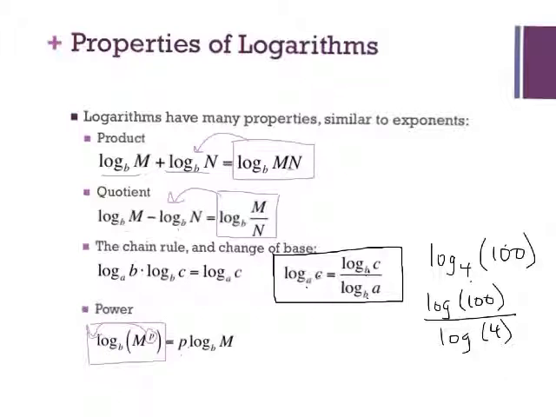And this allows us to calculate that it works out to a number somewhere between 3 and 4. Let me calculate it a moment. Log 100 over log of 4 is 3.32 something. But the primary lesson today is on those purple properties and how they can be useful.